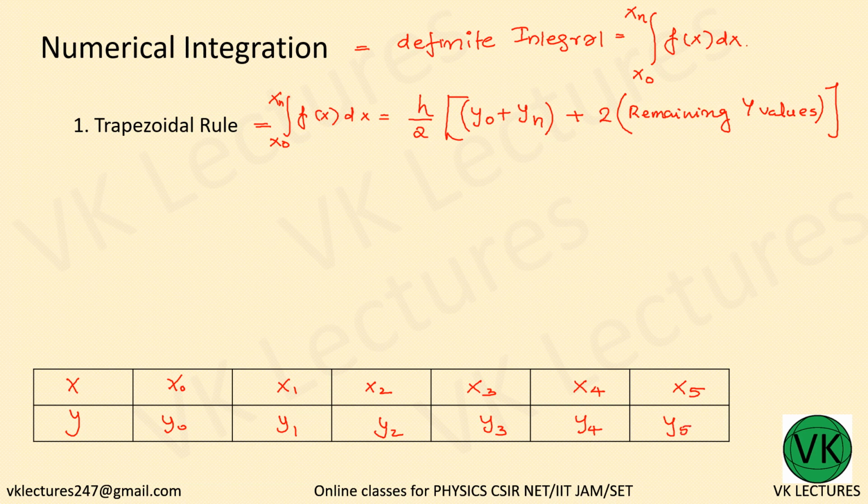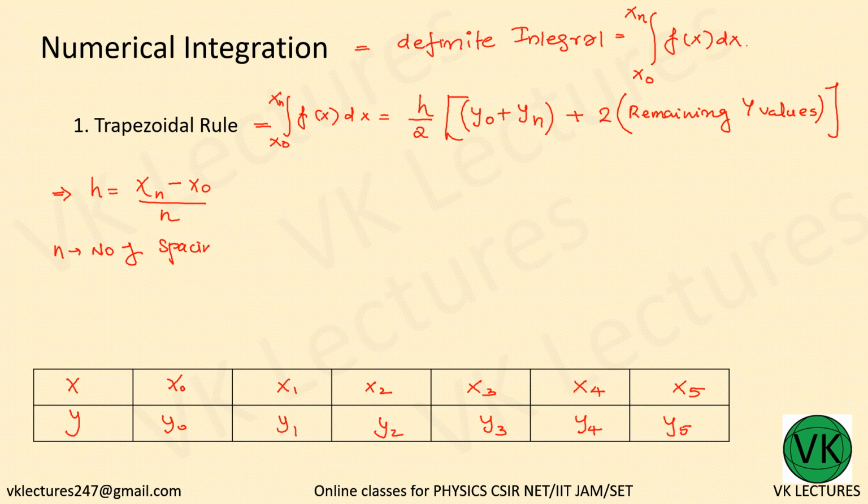According to the formula, h is equal to xn minus x0 divided by n, where n is the number of spacing.